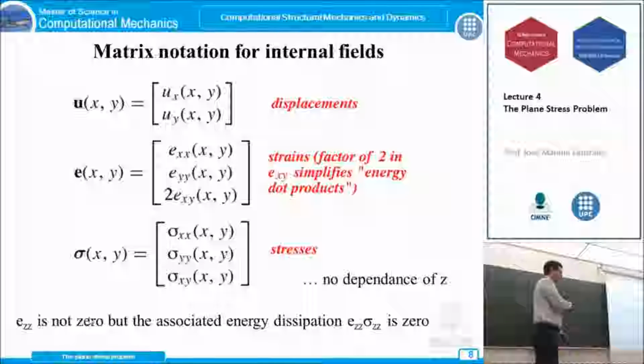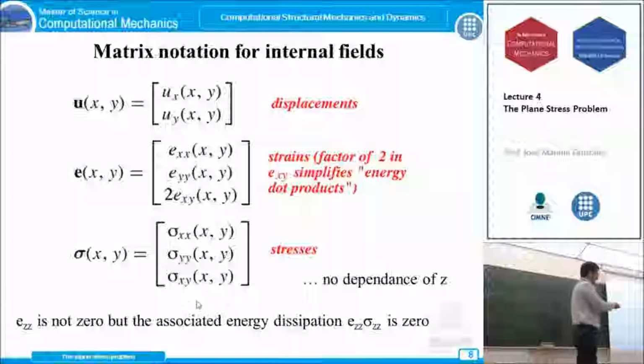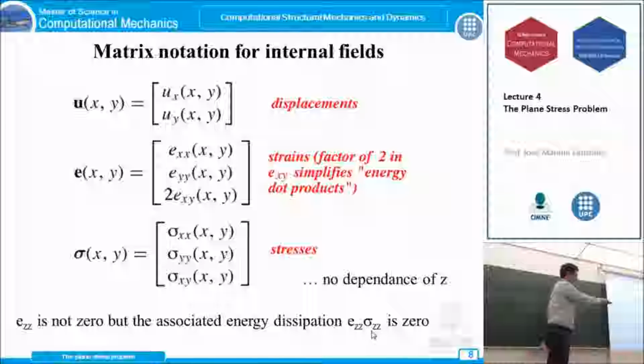This strain, because of the Poisson effect, is not zero, but in energy terms, this dot product with the z strain and z stress is equal to zero because of this assumption with the vertical stress. So even if this vertical strain is not zero, the term in the internal energy is zero, so we are not worried about this vertical strain.